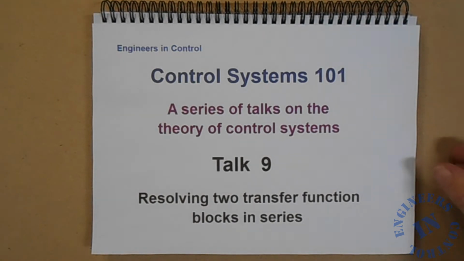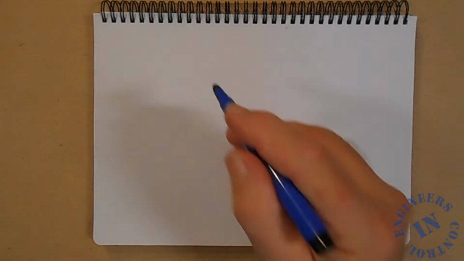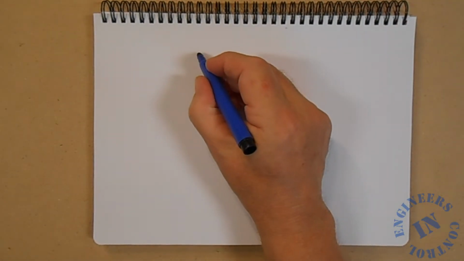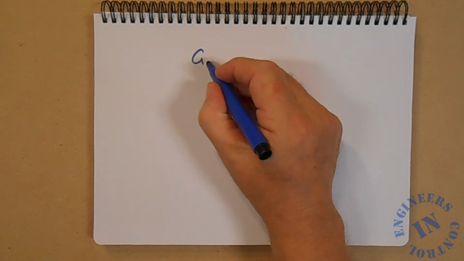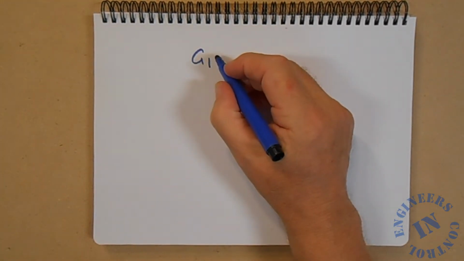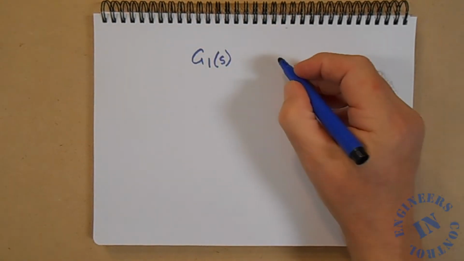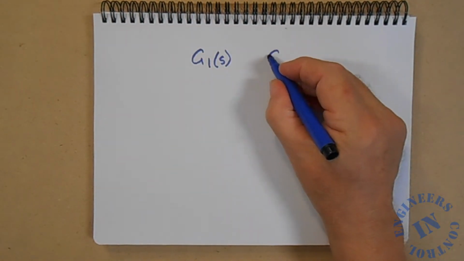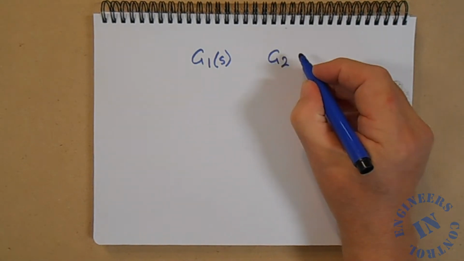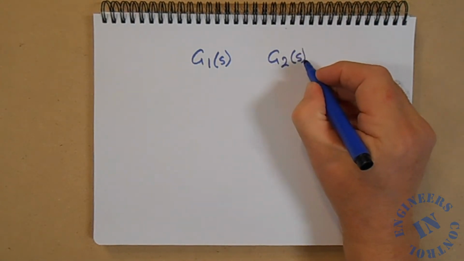Now let us move to a real example. It's normal in control systems to use capital G, capital H and so forth, capital F, whatever, for transfer functions. So here I have two transfer functions.